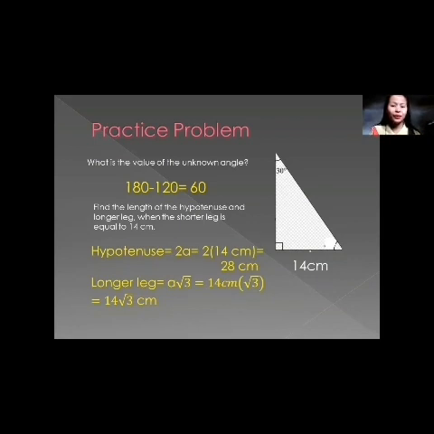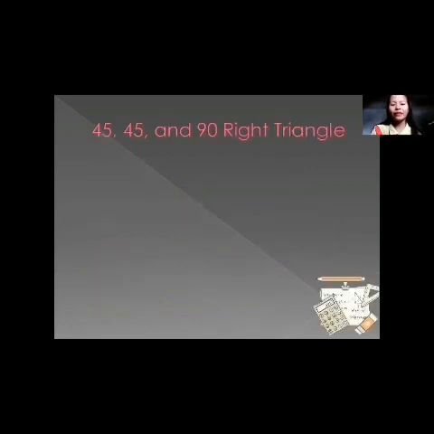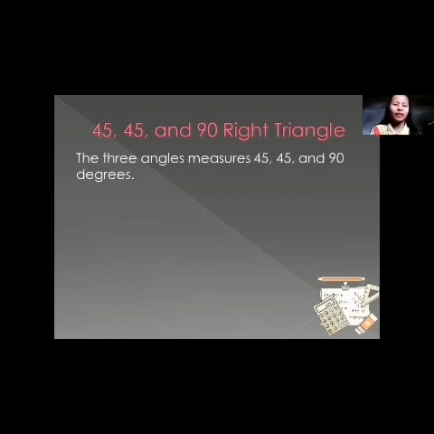Have you checked your answer together with this practice problem? Very good. Now, we will have the second special right triangle. It is called the 45, 45, and 90 right triangle. It has three angles that measure 45, 45, and 90 degrees. Like the 30, 60, and 90 right triangle, it also has a theorem.